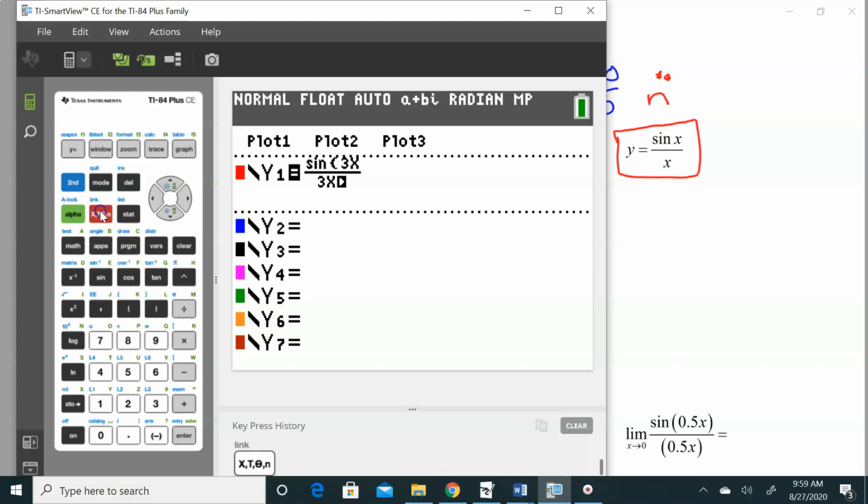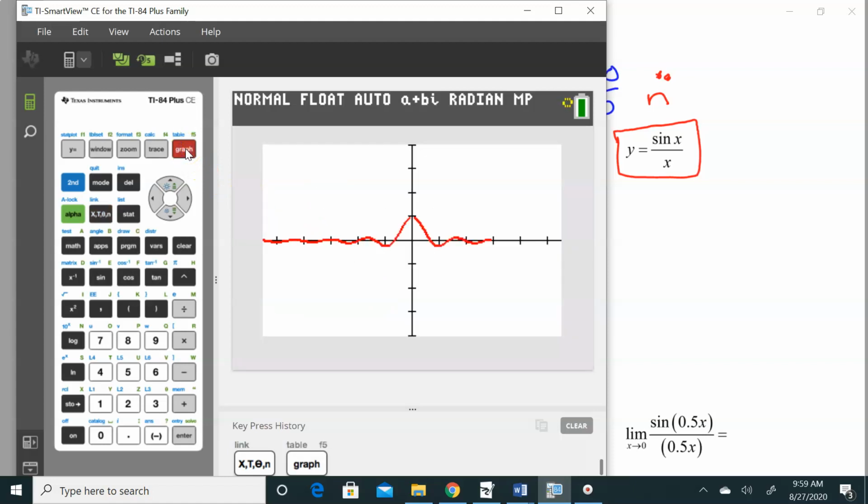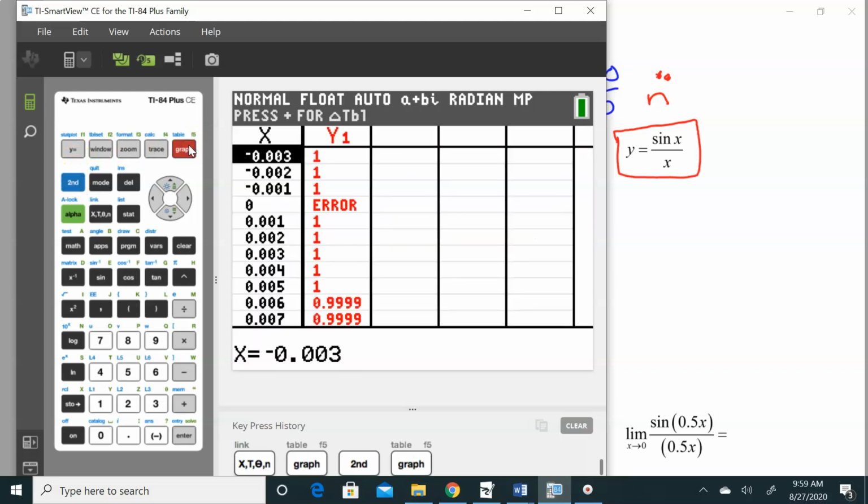If you have this special key, it's great because then I don't need parentheses around the whole denominator. And now when I do the graph, oh, the graph changed its look, but the limit is still 1. If I go to the table, the limit is still 1. X equals 0 is getting closer and closer to 1.